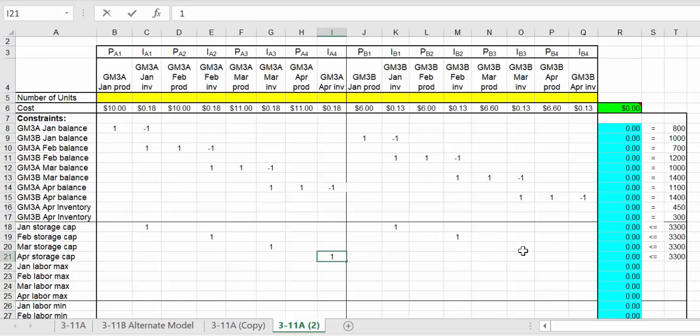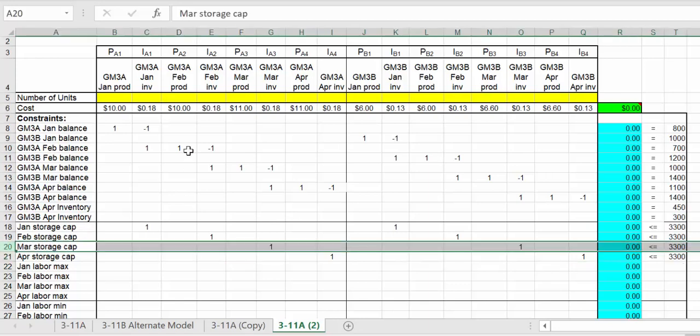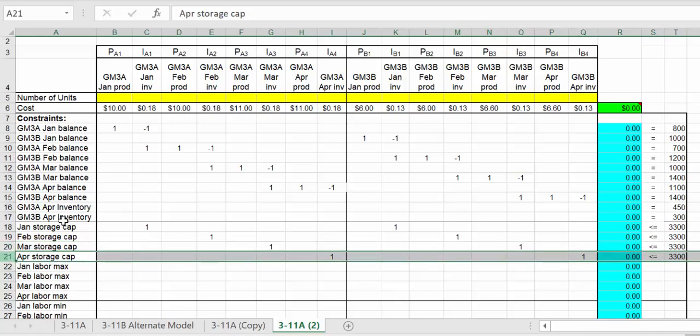So March, and then April. March is March inventory for motor A as 1, and then March inventory for motor B. And then motor A, April inventory is 1, and April inventory for B is 1. So it's hitting that.